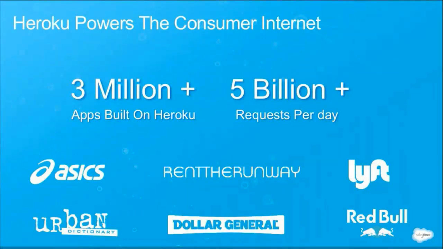So when you build a customer-facing app on Heroku, you don't have to worry about provisioning more servers, provisioning more racks, making sure that you're set up for demand. We've built inside Heroku auto-scaling that can scale up from dozens of processes, dozens of requests a day to literally millions a day inside your app automatically and instantaneously, making sure that you're protected for no matter how popular your application becomes.